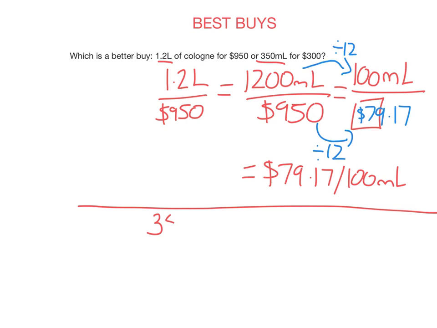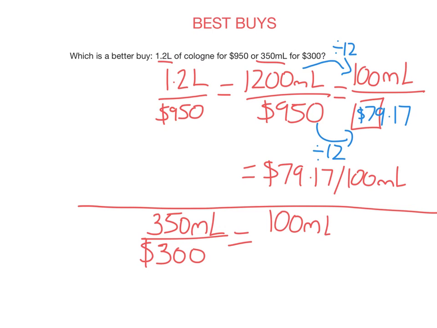So I have 350 mils per $300. Now to be able to compare these effectively, I want to again make the top 100 mils. I want to do the same as last time. So that's 100 mils for how many dollars? To get from here to here, I've divided by 3.5. So I need to also divide 300 by 3.5.